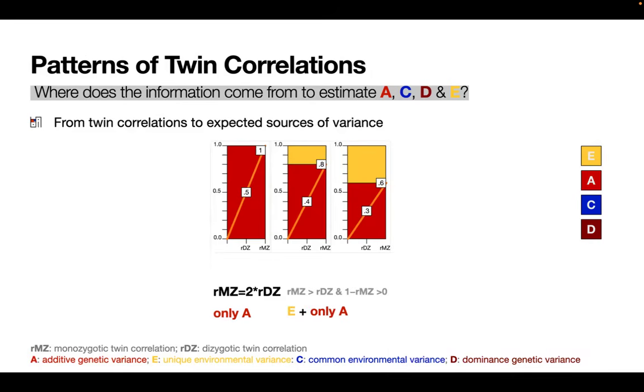In these two scenarios, the DZ correlation is still exactly half the MZ correlation, which makes that pattern of correlations consistent with there being only additive genetic factors in addition to these unique environmental factors.